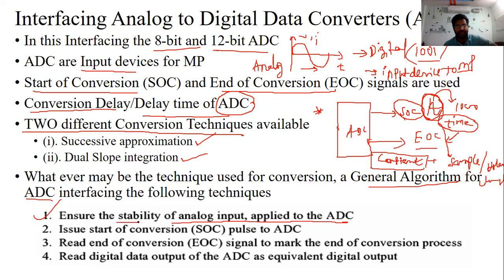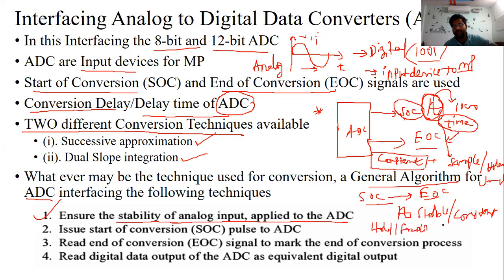Stability means that in the conversion process, from the start of conversion to the end of conversion, the analog signal is stable, that is, constant. For that purpose, you use a sample and hold device or circuit.